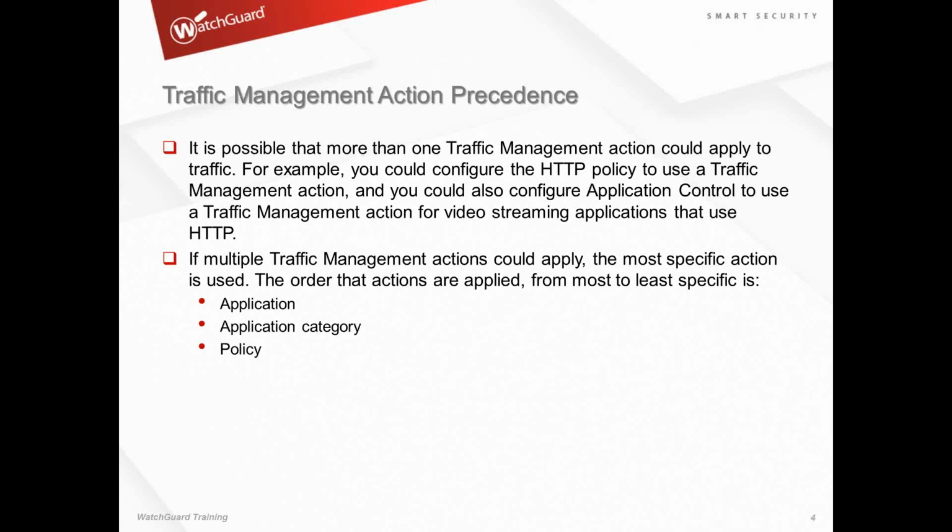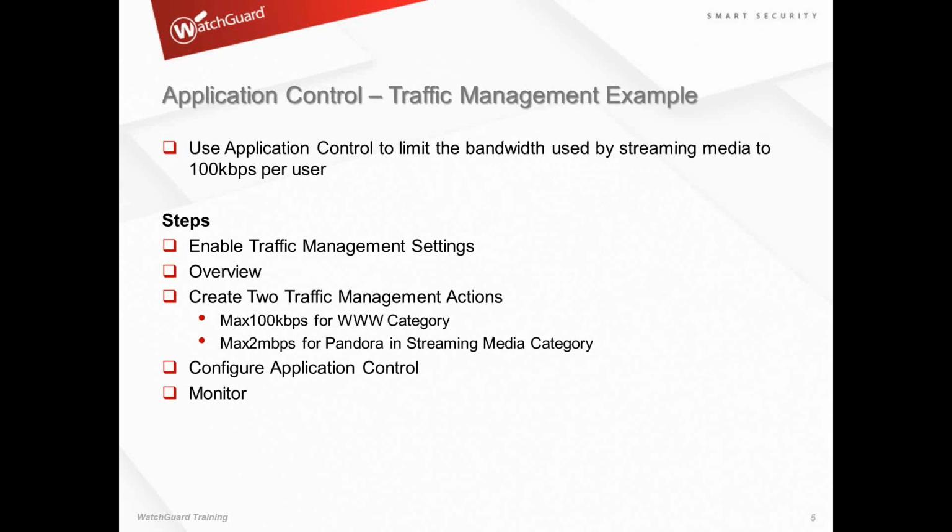As we look at how WatchGuard is going to handle that, the actions are applied from most to least specific. So we're going to look at individual applications first. If we don't have a policy for that, we're going to look at the application categories, and then overall we're going to look at the policy as well. And that's how we're going to handle that priority on WatchGuard.